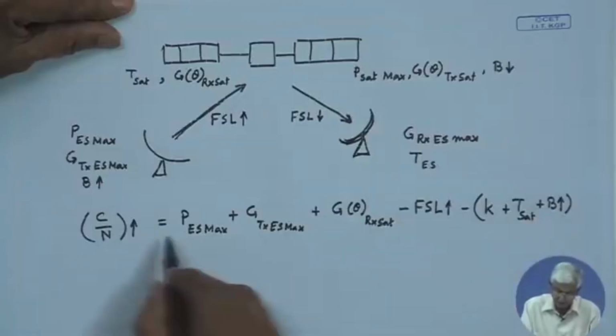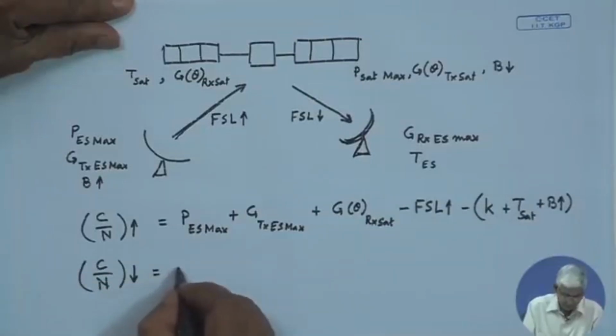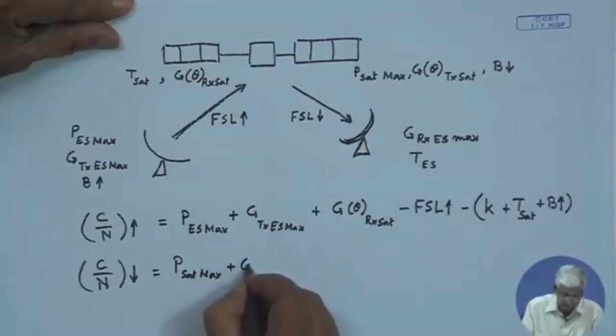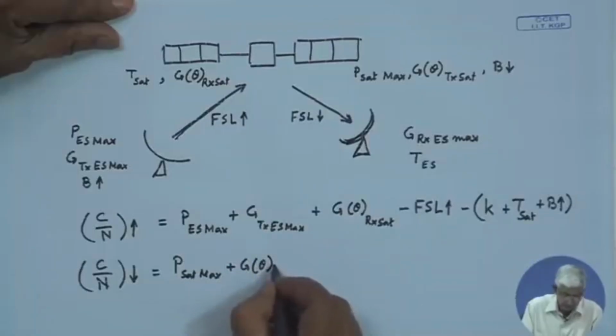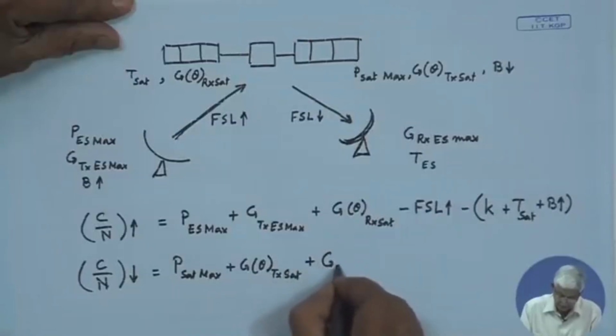So, these all are in dB, that is why you are seeing plus and minus. Similarly, C by N downlink will be from the satellite: P satellite maximum plus G theta transmit from satellite plus G receive station max.